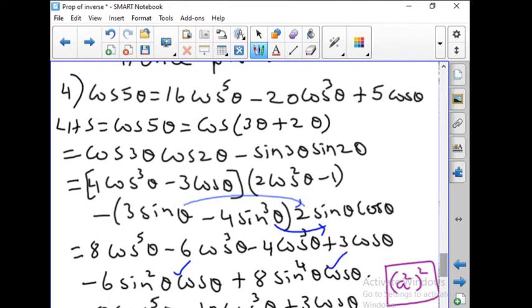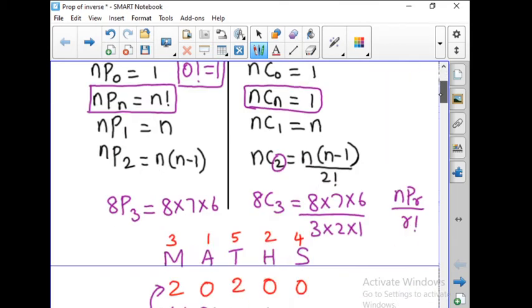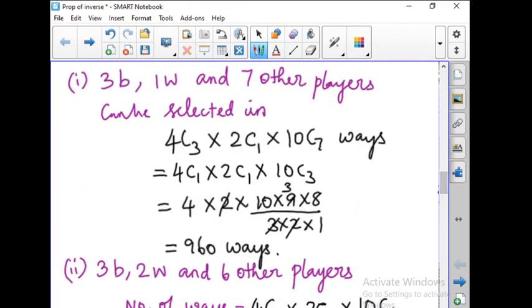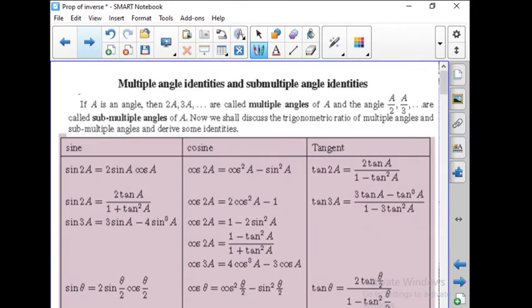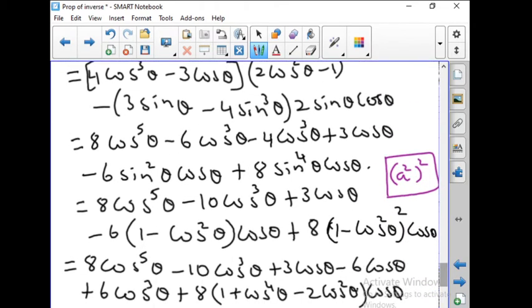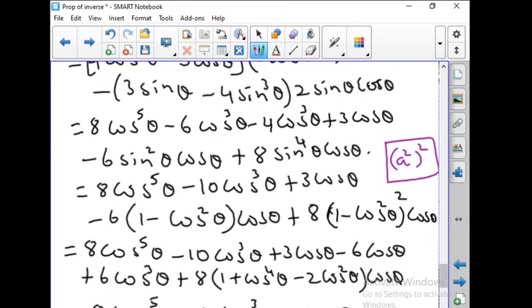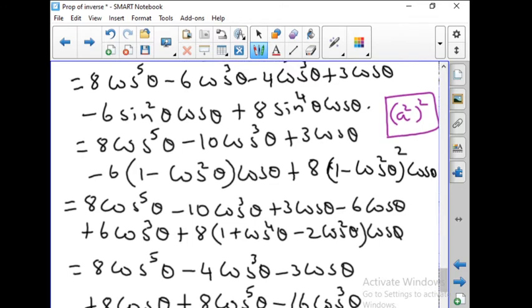Now we need the answer. Every term is in terms of cos, so sin should be written as cos. We know that sin square theta is 1 minus cos square theta. Therefore, wherever sin square theta is there, we can convert it.